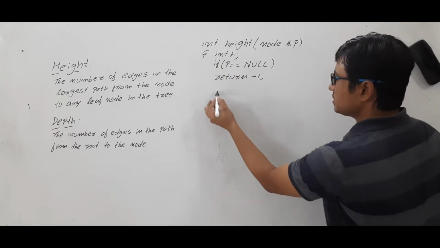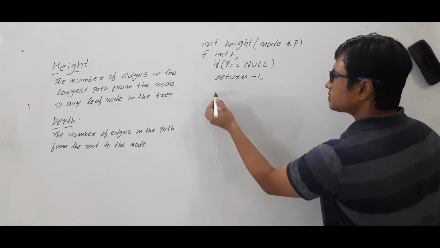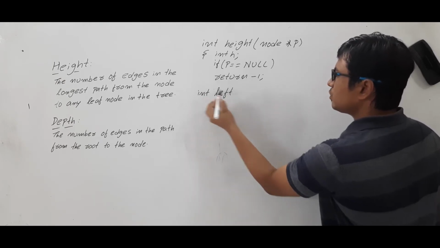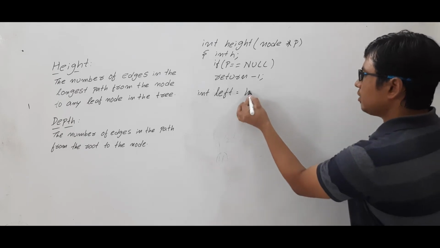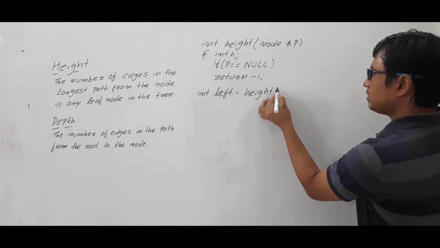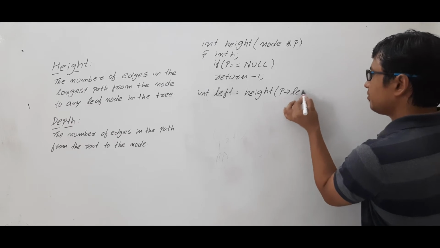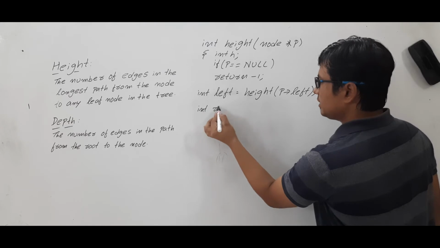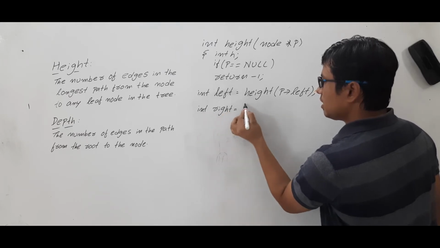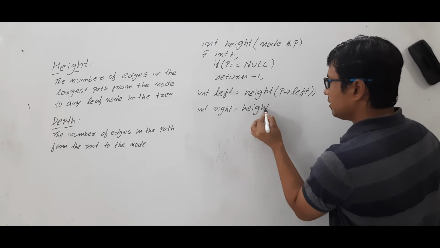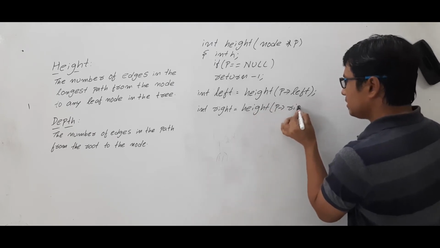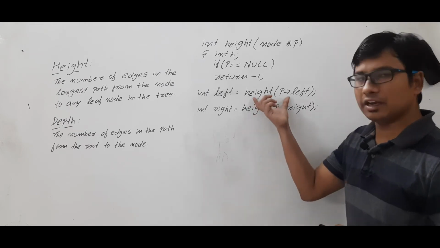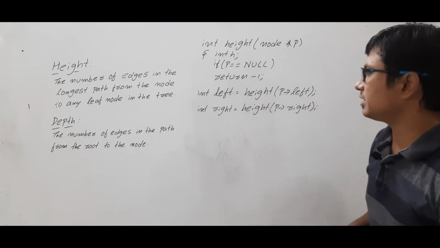Then what I will do is int left is equal to height of p of left, and int right is equal to height of p of right. These two statements will be useful to compute the height of the left subtree and the height of the right subtree.